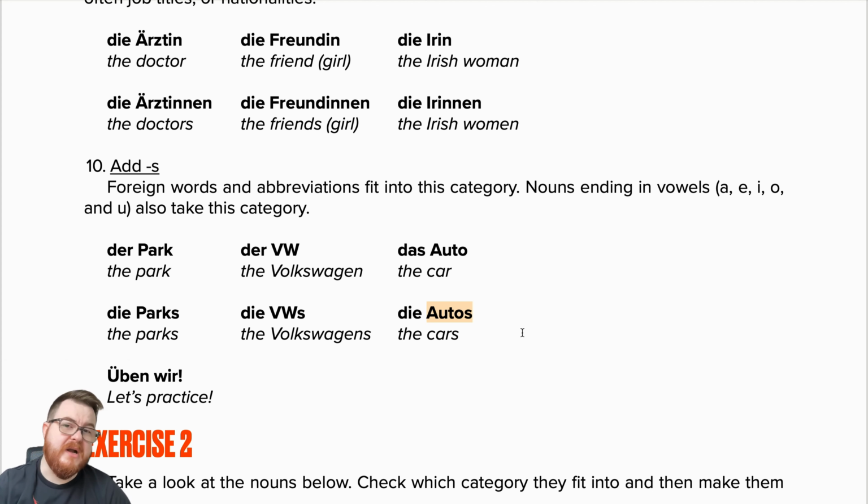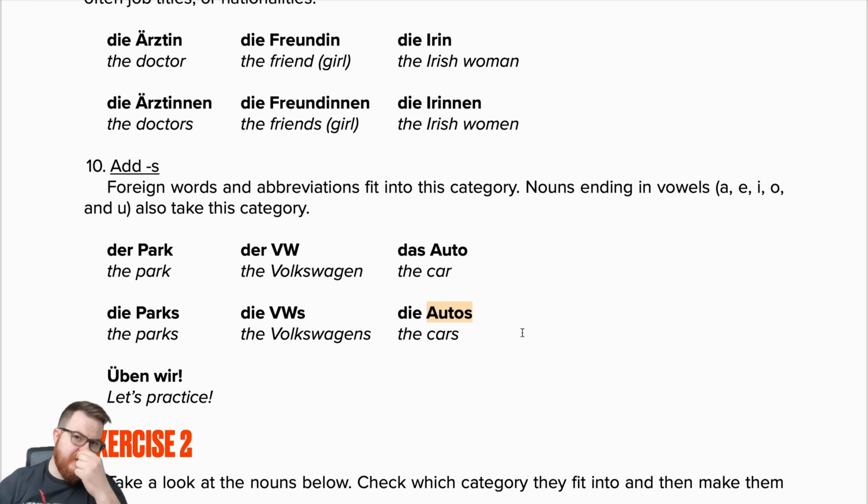Sometimes you will have to look up what the plural form of a noun is because you won't know what category it fits into. And that's perfectly normal, and it's a perfectly normal part of the process of learning German. It's just unfortunate that German isn't as simple as English, where we just put an S on the end of everything. However, having lots of different plural forms certainly gives the language a bit more flavor.